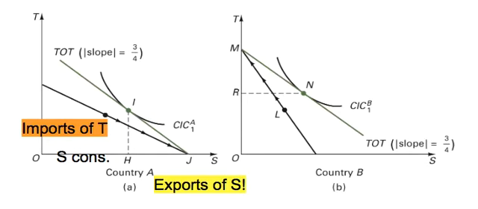IH is just the amount of imports that country A will get from country B of textiles.